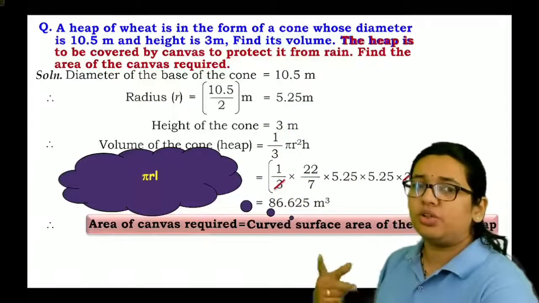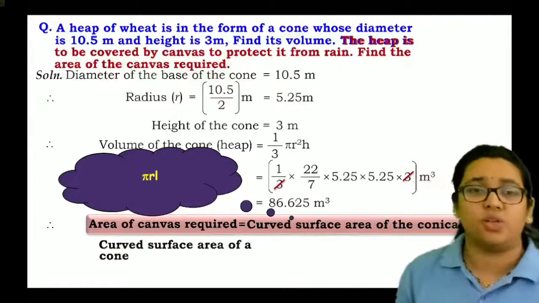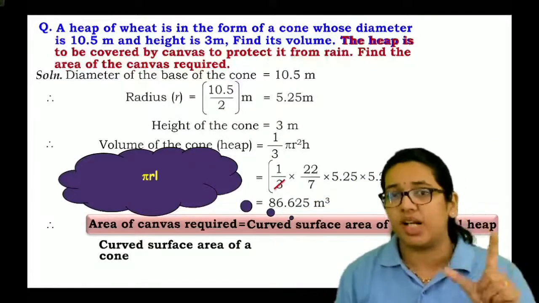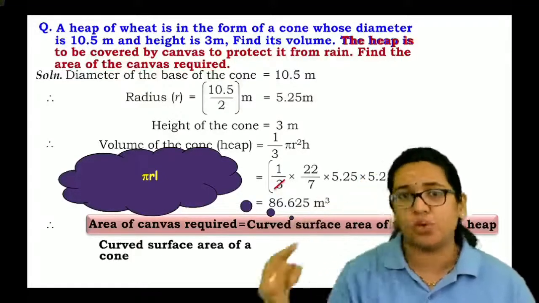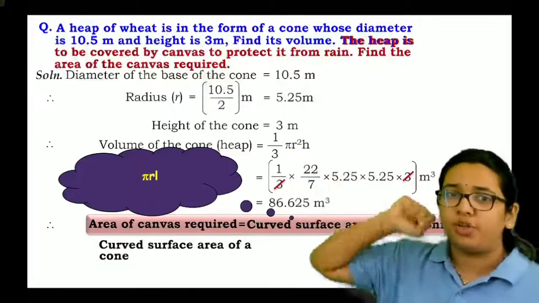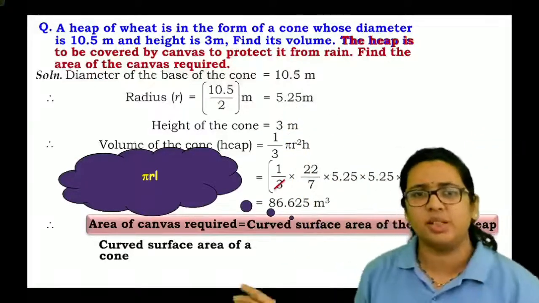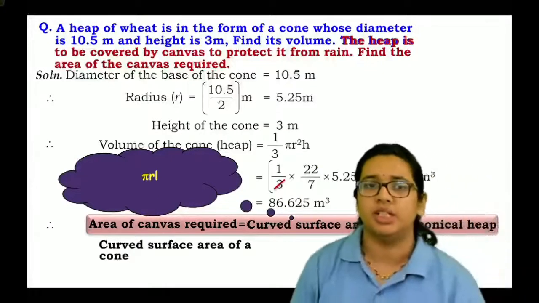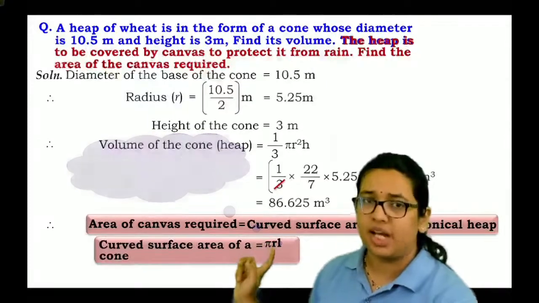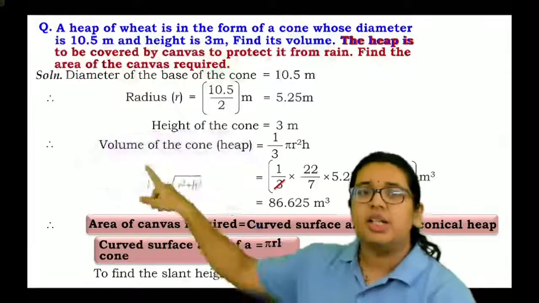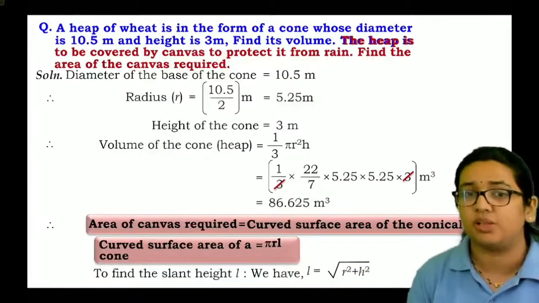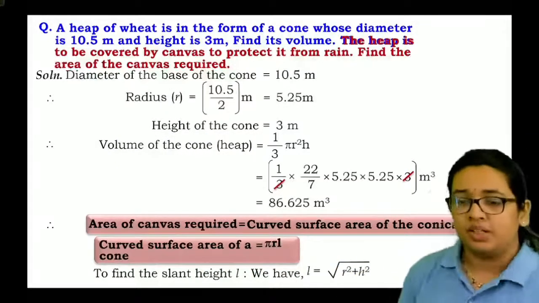So using the values of r and h, you can easily find out the value of l. That means slant height, which is nothing but the hypotenuse of a right angle triangle. The first side will be r, which is 5.25, and the second is the height, which was given as 3 meter. So curved surface area of a cone is nothing but pi r l. But for that, in place of l, what will you use? l is nothing but square root of r square plus h square. Getting this one?